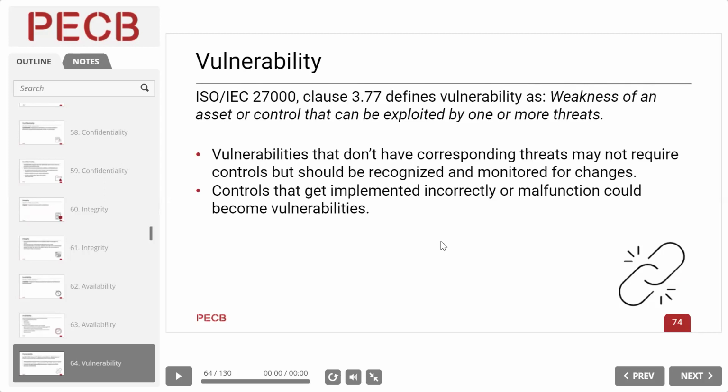We define vulnerability as a weakness of an asset or control that can be exploited by one or more threats. So it's a weakness within the asset or the control or the process, and we need to be able to identify those weaknesses.